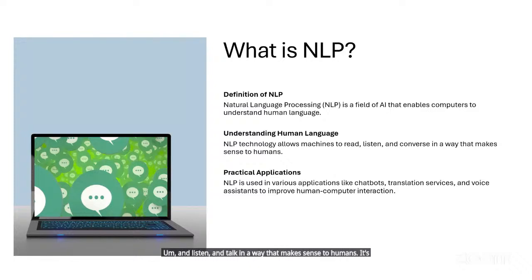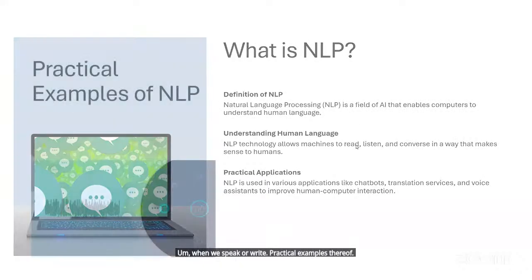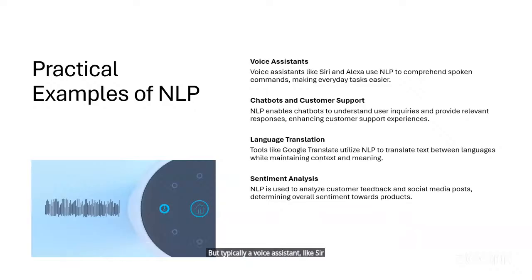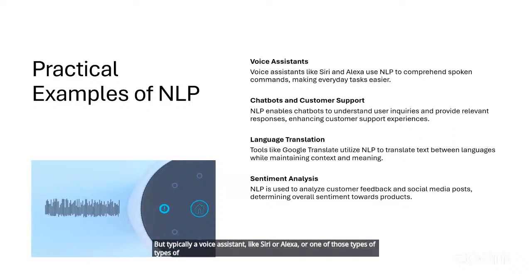It's like teaching a computer to understand what we mean when we speak or write. There are many practical examples, and I'll give you one or two now. Typically a voice assistant like Siri or Alexa or one of those types of AI assistants running on your mobile device.